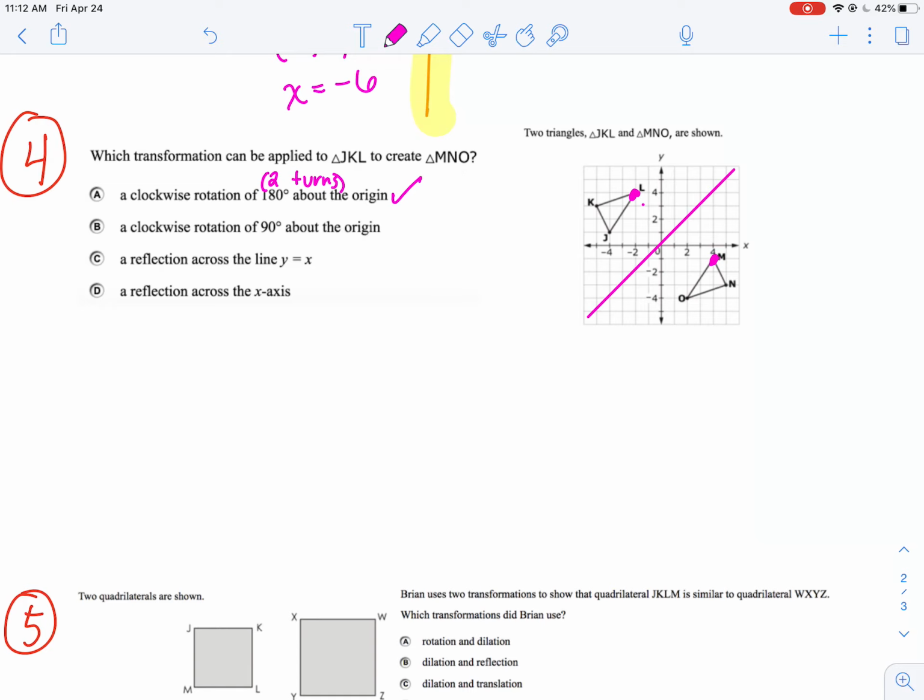L would need to match onto O, so that does not work. And then D is a reflection across the x-axis, which means you flip the triangle over the x-axis, and my new triangle's not in that 3rd quadrant. So the only answer that would work would be A.